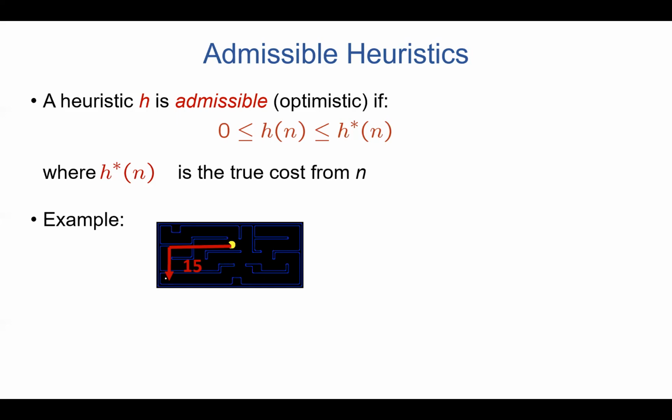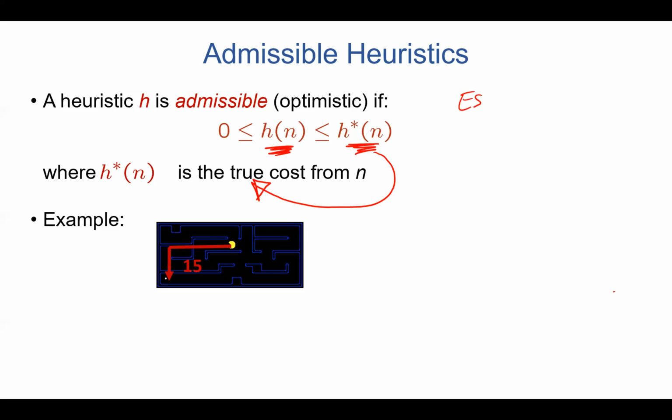What is the closest next step that needs to be taken, right? So in our admissible heuristic, all we will have to see is that a heuristic h is admissible, or optimistic, if the estimate, this is our estimate, and this is the true cost that we have.